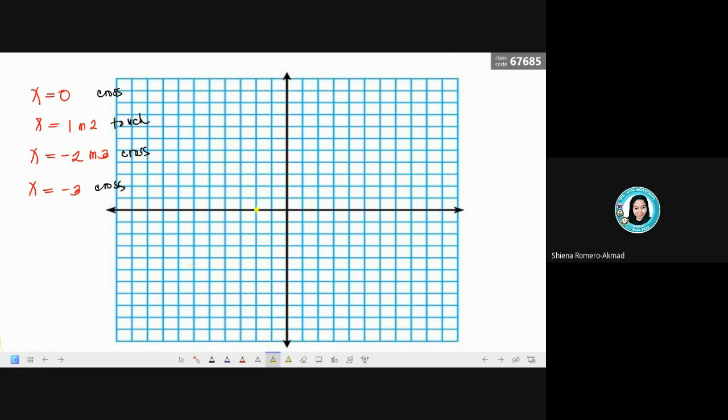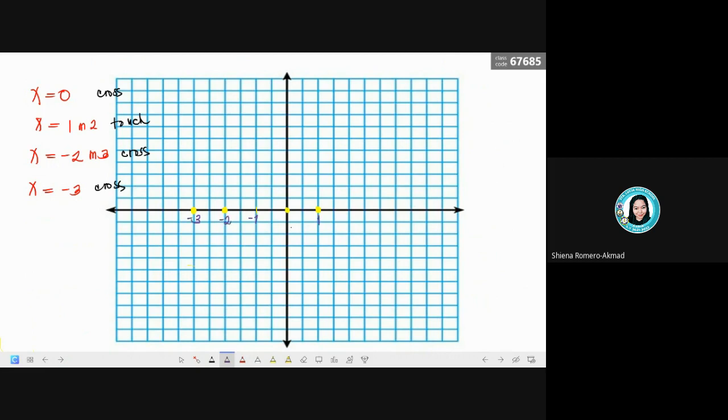This is 1, 0, should be -2. 0, 1, -2, -3. 1, so -1, -2, -3.